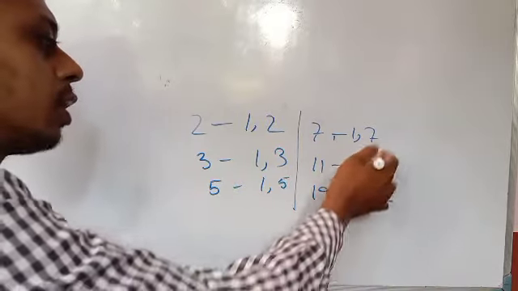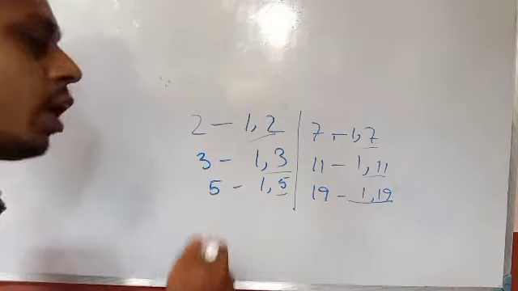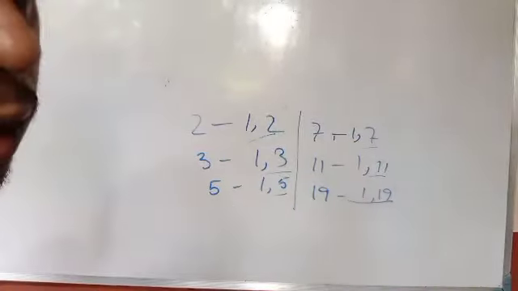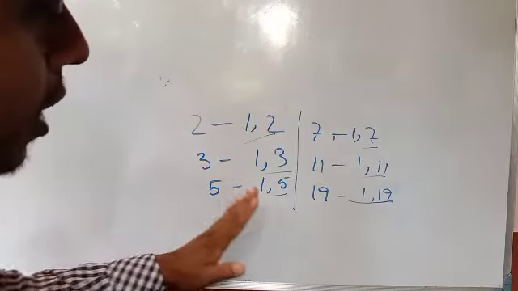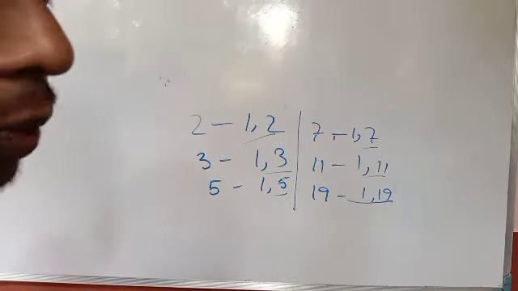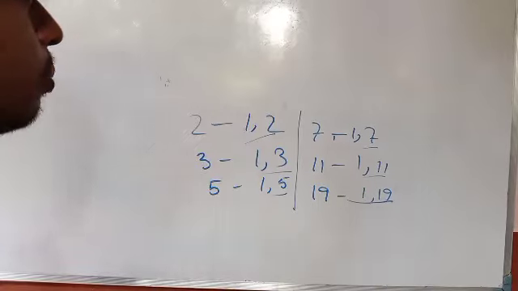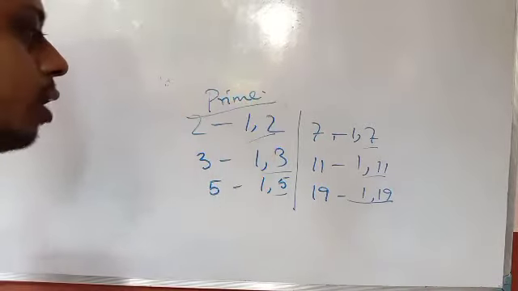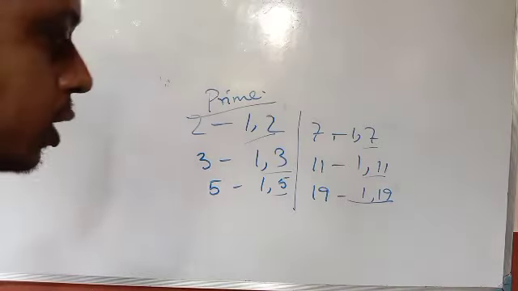No other factor will you get except 1 and the number itself. If a number has only two factors, then the number will be a prime number. Otherwise, the number will be a composite number.